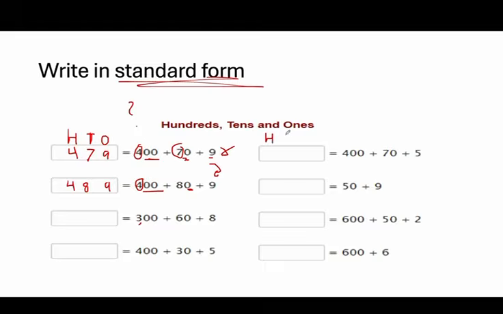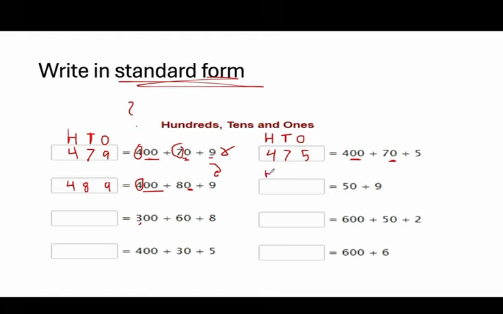H, T, O. Which number am I going to write under the hundreds place? Excellent, the 4. 2 zeros, 4. The tens, the 7, 1 zero. And the ones, 5.